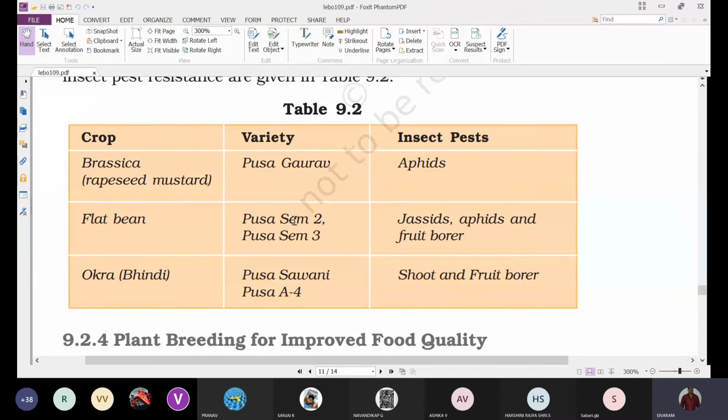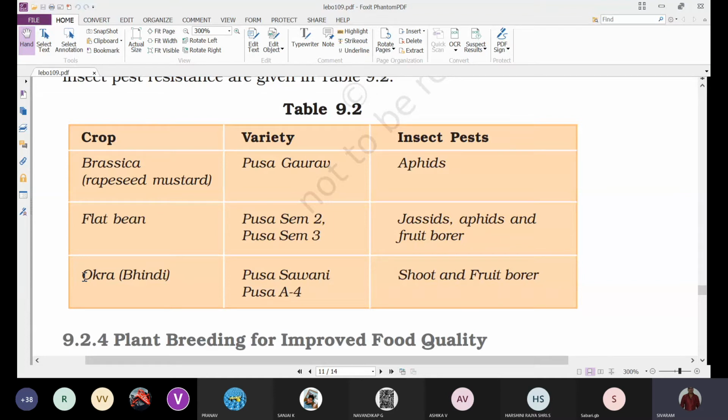Next, there is another plant variety called flat bean. In this flat bean, they have developed two varieties: Pusa Sem2 and Pusa Sem3. They have developed resistance against insects like jassids, aphids, and fruit borer.